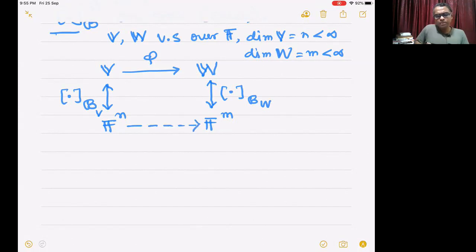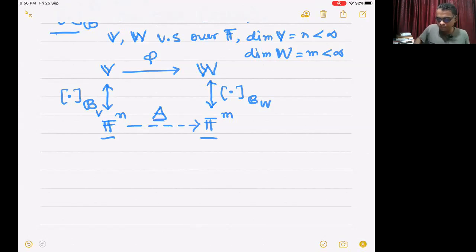Can there be a map here? If there is a map here, that will be represented by a matrix because it's F n to F m. We have already seen that linear maps between such vector spaces of tuples of numbers are represented by a matrix, right? Understandable, no? Now you are going to ask me, how do I get this matrix?